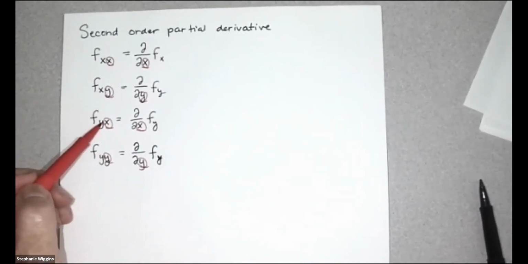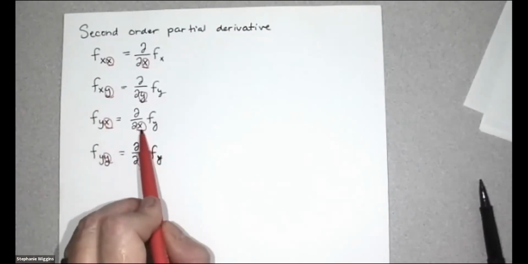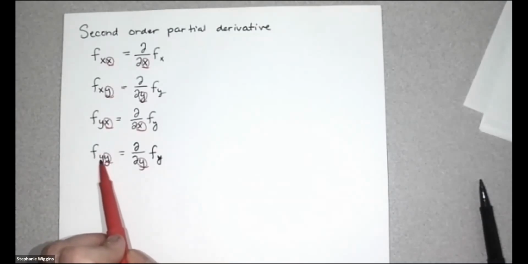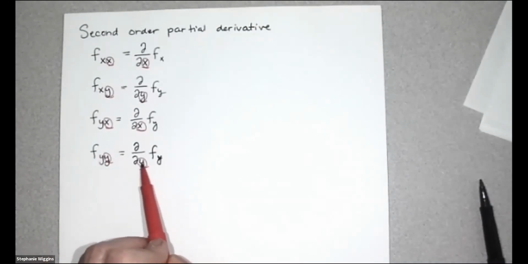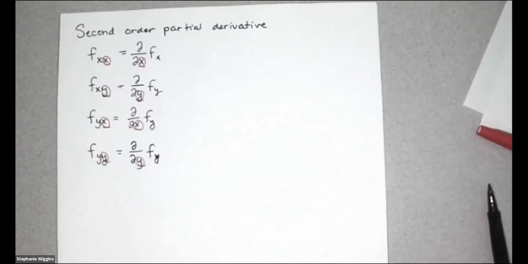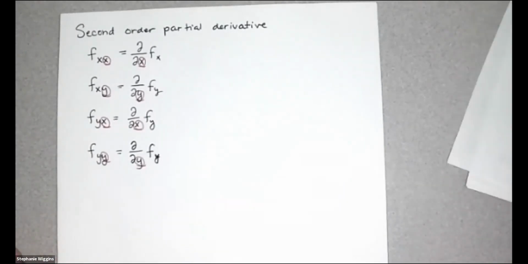So we start with the first derivative and differentiate it with respect to x. Here we're also starting with the first order derivative and differentiating with respect to y. So those are the situations. Let's do an example.